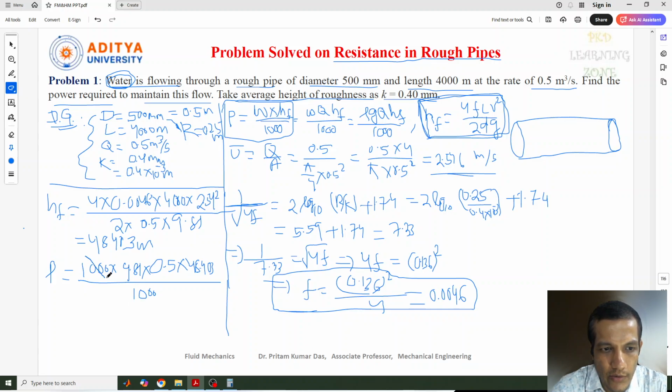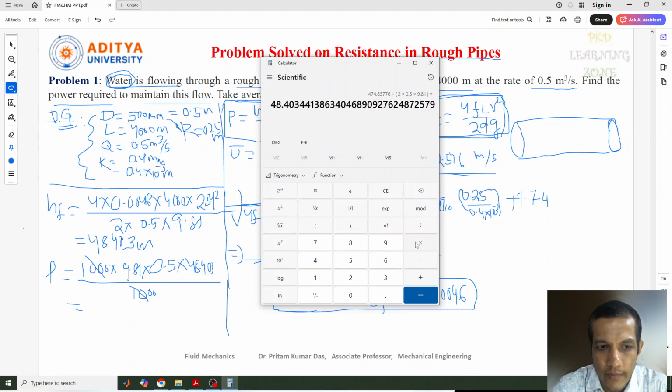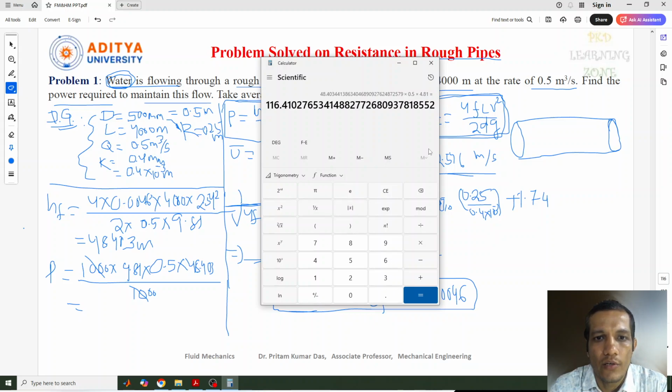So this 1000 can be cancelled, and we just multiply the remaining values, 0.5 and 9.81, to get about 238 kilowatt.